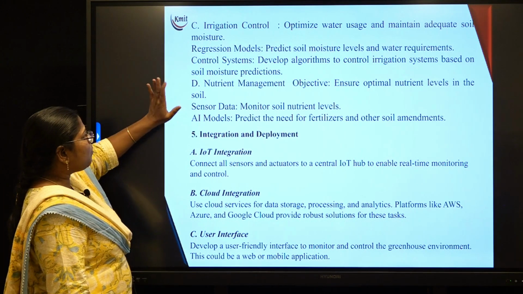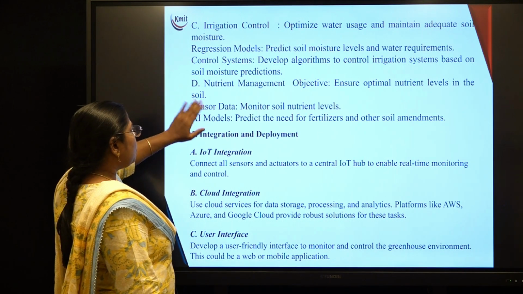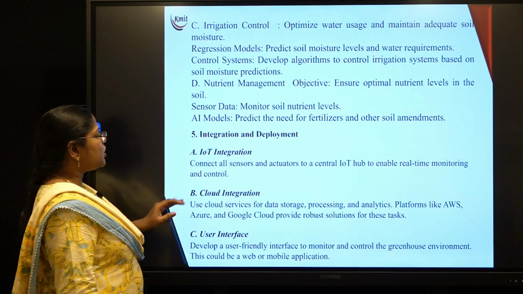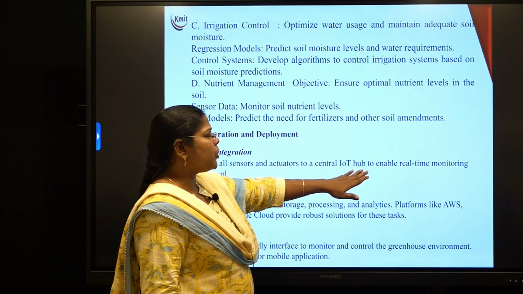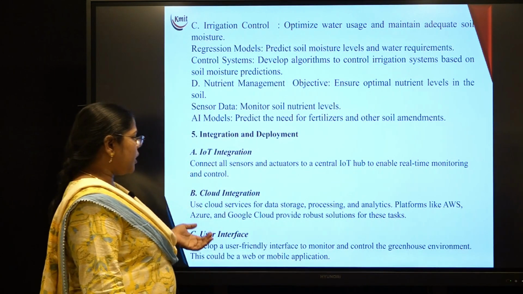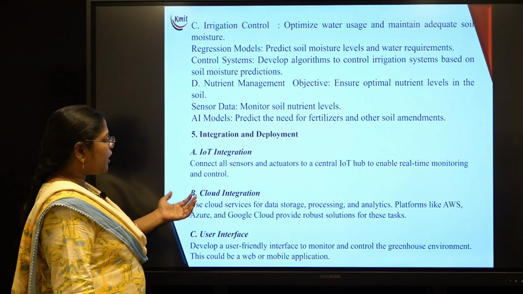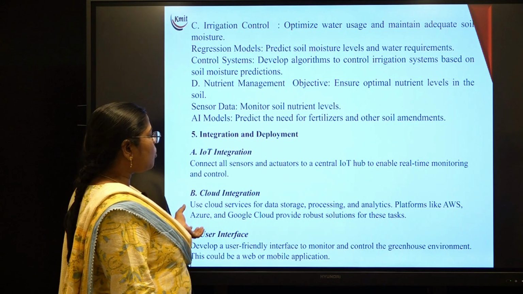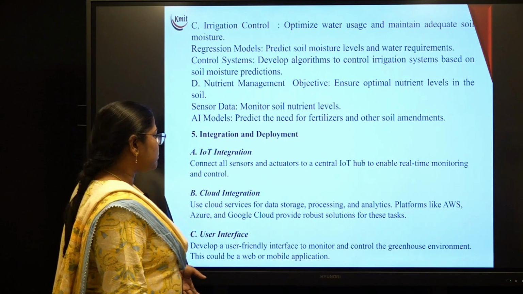Once the model accuracy is best, we start integrating and deploying. IoT integration connects all the sensors and actuators to the central IoT hub for real time monitoring and control. For cloud integration, we need to integrate with the cloud to store and process the data and analyze it.